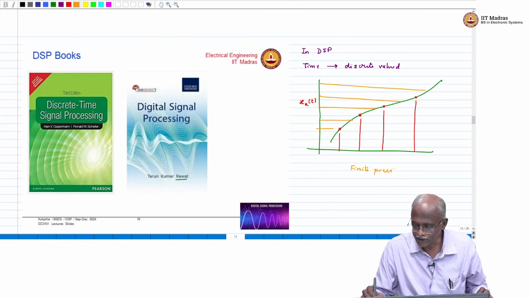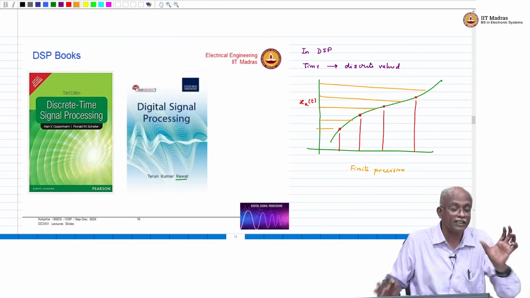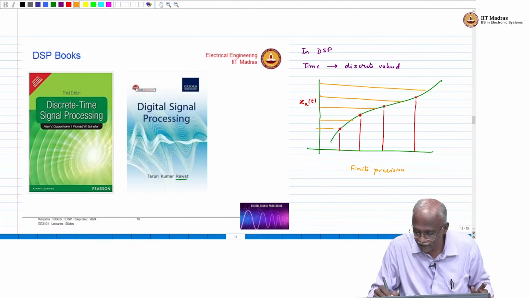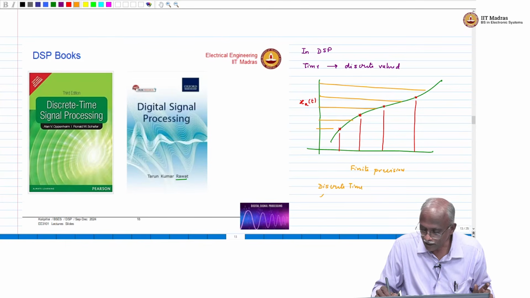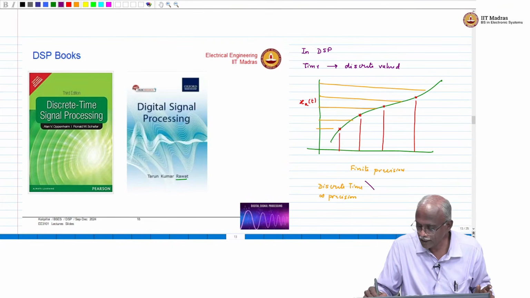A signal that is discrete in time and infinite precision in amplitude, we would call a discrete time signal.